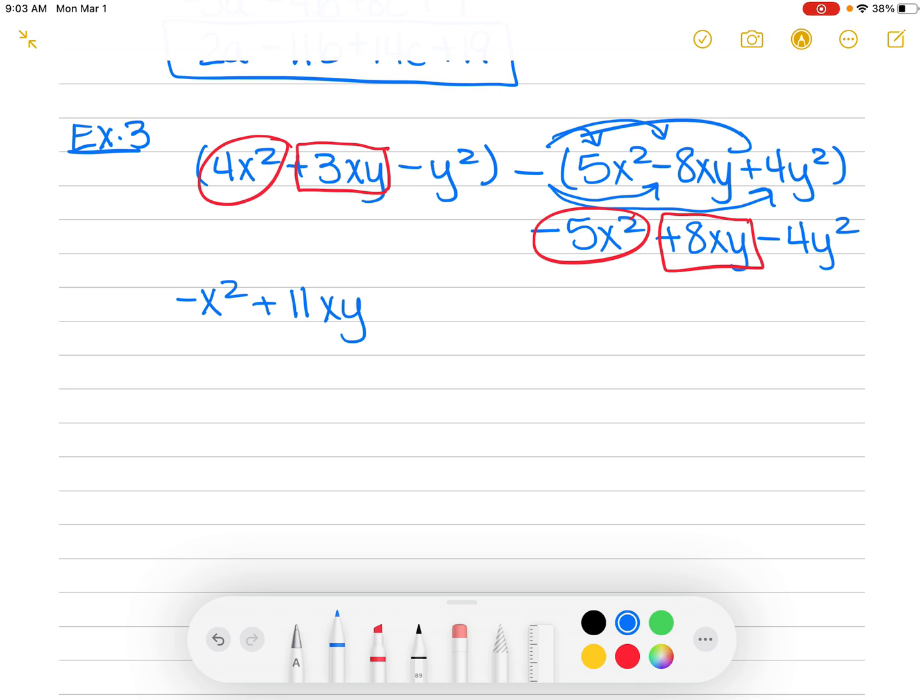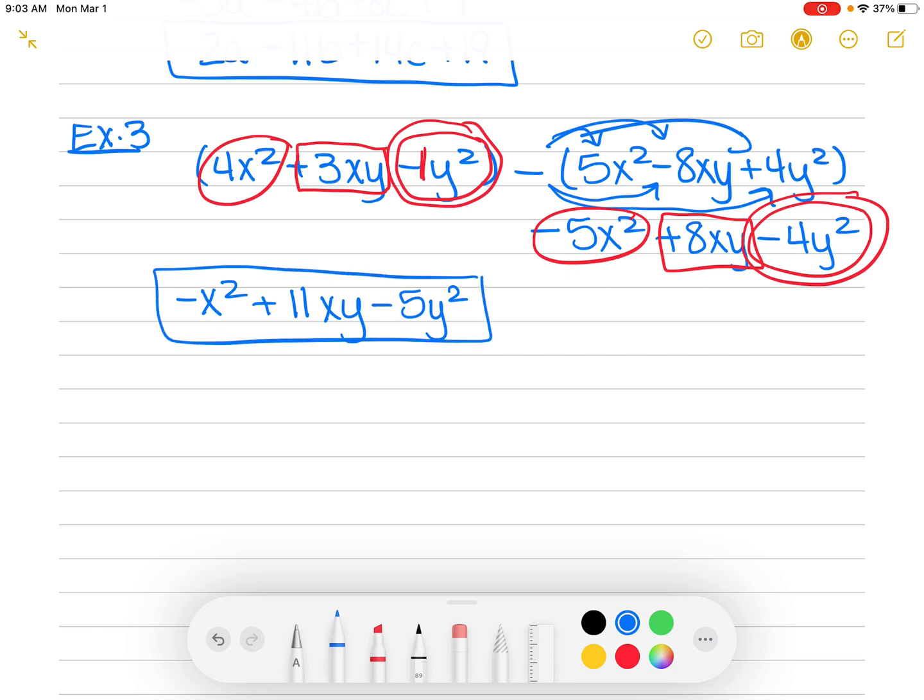And then my last one is the minus y squared and the minus 4y squared. Remember, when you have this minus y squared, that's really a 1 right there, right? So I have minus 5y squared. And there's my answer. And that's it for today.